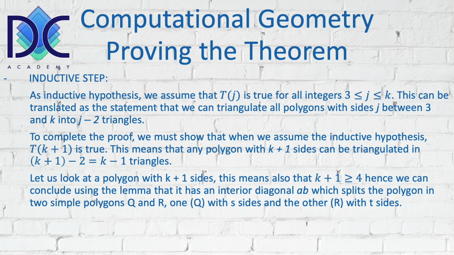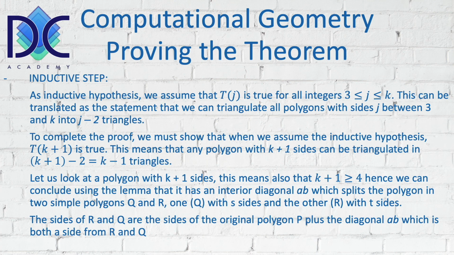Now we can conclude using the lemma that it has an interior diagonal AB which splits the polygon into two simple polygons Q and R. Let's assume Q has S sides, and the other polygon R has T sides.